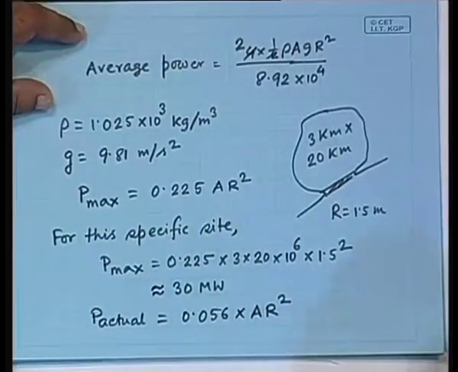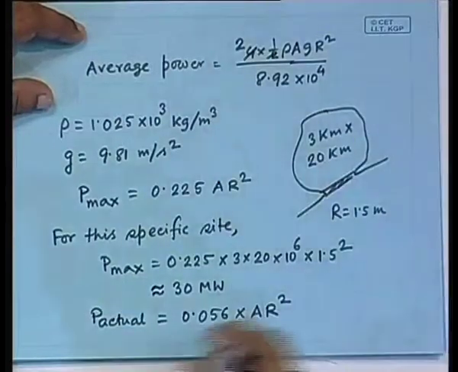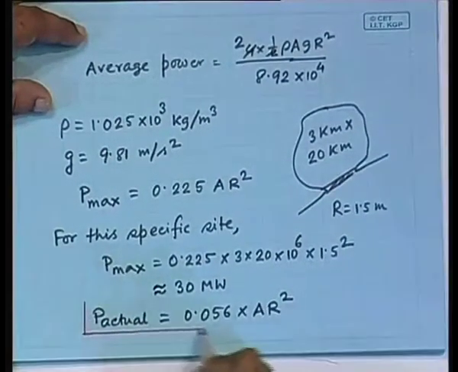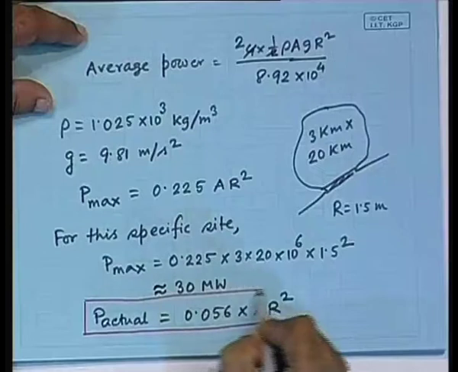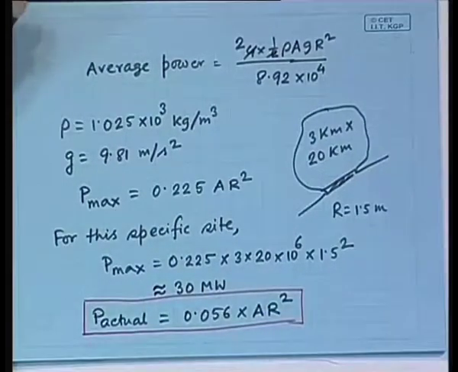This is what you should keep in mind, that this is the actual power production capacity, the average power production capacity of the site. How much does it come to be? If you increase it to, who has the calculator? You had? If you increase it to just 1.5 to 2 meters, how much does it change?